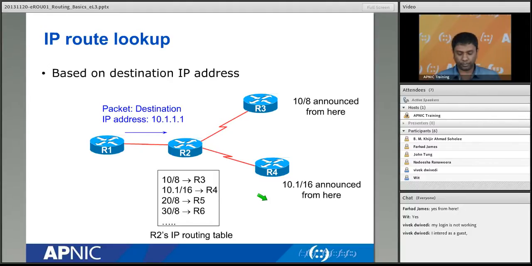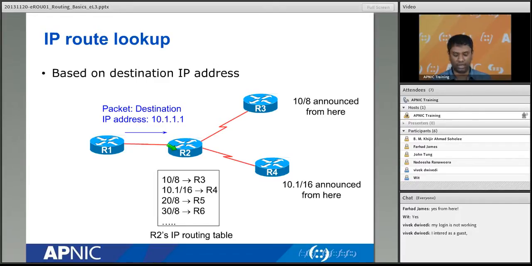When router 2 learned that path information from router 3 and router 4, it obviously knows that to go to network 10/8, the destination is router 3.